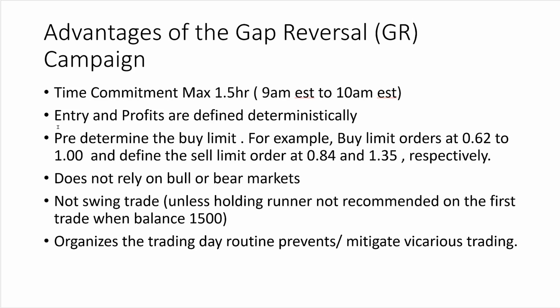Another advantage is that most of the entry and profits are defined deterministically. So, you've been in those times where the price is moving higher, and you see that there's a target that you modeled using some sort of Fibonacci extension or moving average, right? And sometimes it doesn't get there because maybe there's a price action from the previous day that created a resistance level that you didn't expect, on a different time frame.